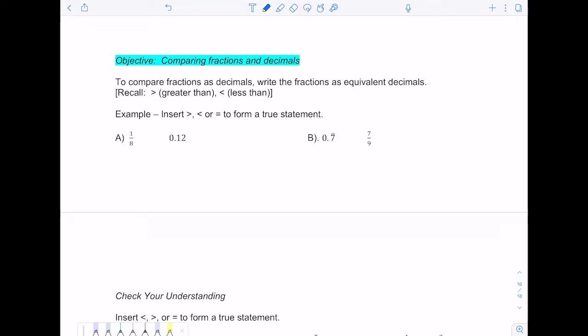So to do that, I'm going to do what we were just doing. So I'm going to divide 1 by 8. So I'm going to have 8 into 1. I'm going to add my decimal. We know 8 can't go into 1, so add a 0. 8 goes into 10 one time. And now I multiply 1 times 8. Now I'm going to subtract.